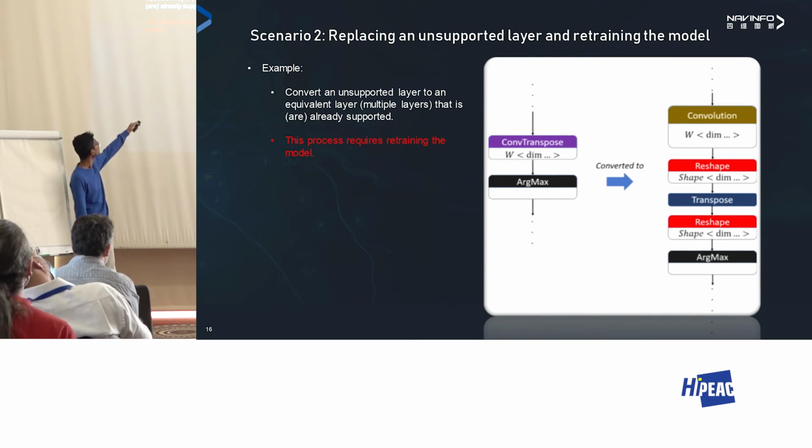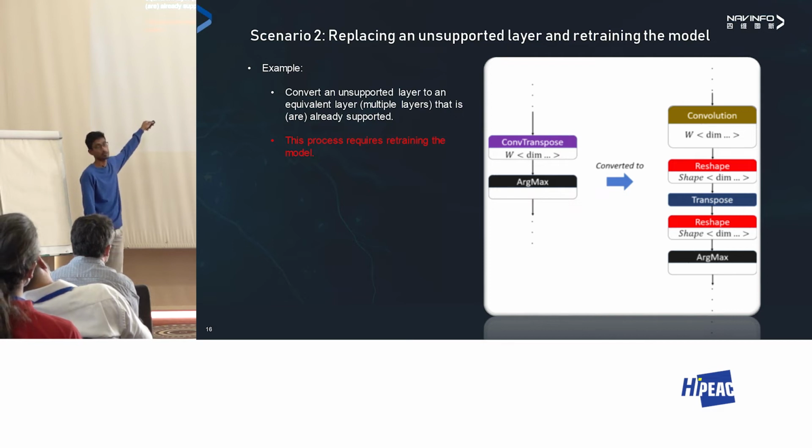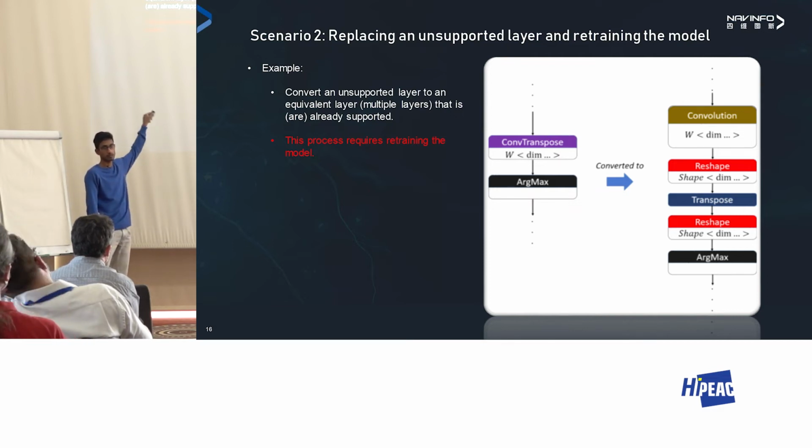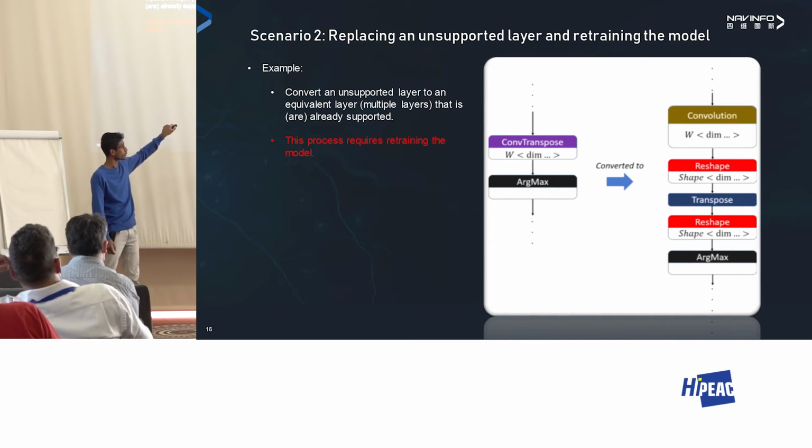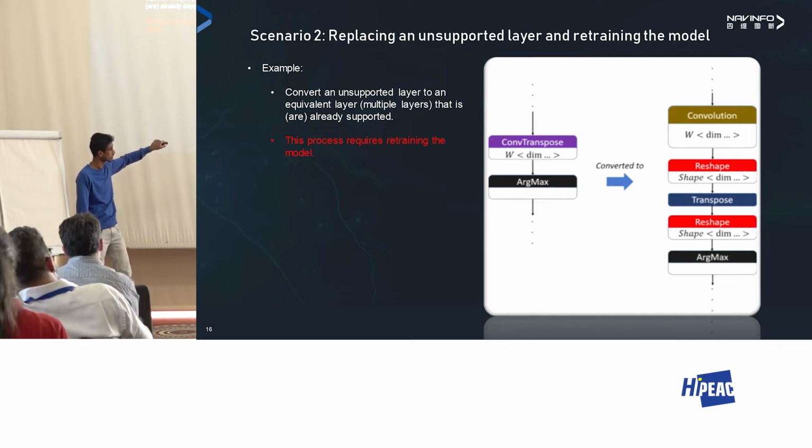Now, if you have replacing an unsupported layer, so this was convolution transpose, I was talking about the transposed convolution, deconvolution, and maybe something else that we know of. Then we have to convert that layer into a layer that's supported: convolution, reshape, transpose, reshape, then come back to this pipeline of argmax.